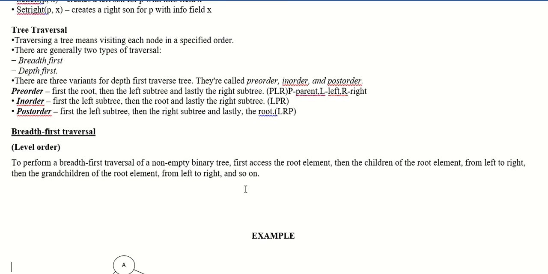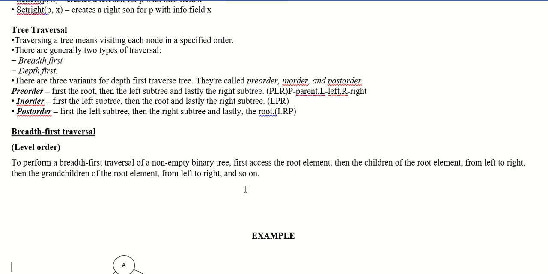In depth first, we have three major types of traversing a tree, that is preorder, in order, and post order. In preorder, we shall first start with the root. Then if the root is already taken care of, we shall pick left. If left is already taken care of, then we can pick right, and therefore we can call that PLR, that is parent, then left, then right.